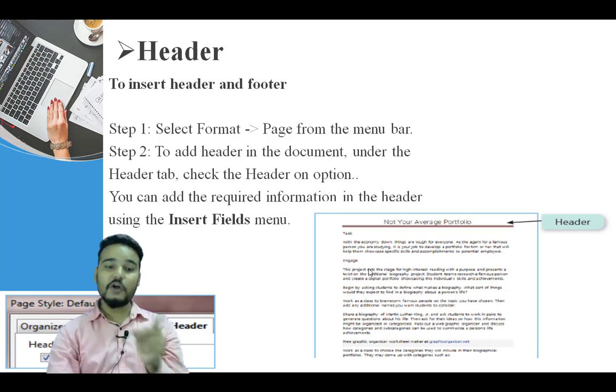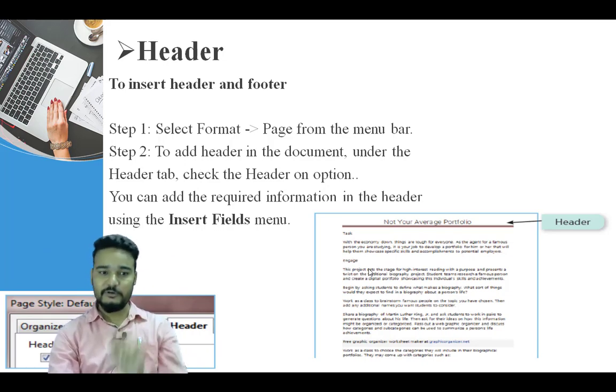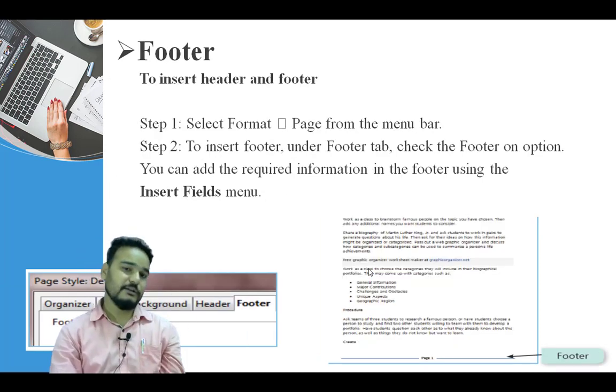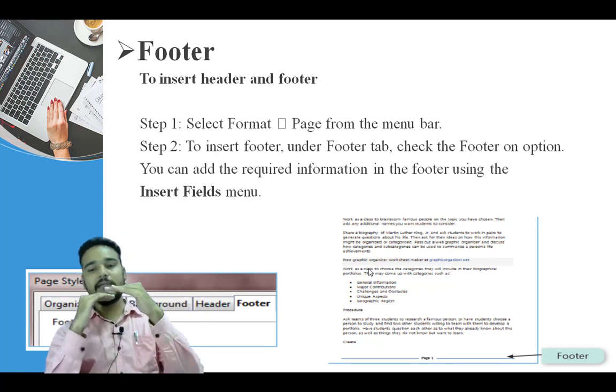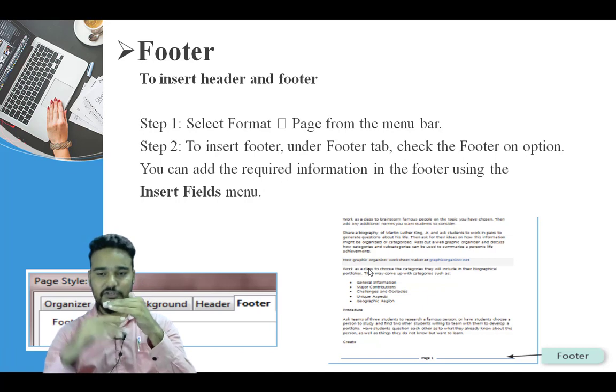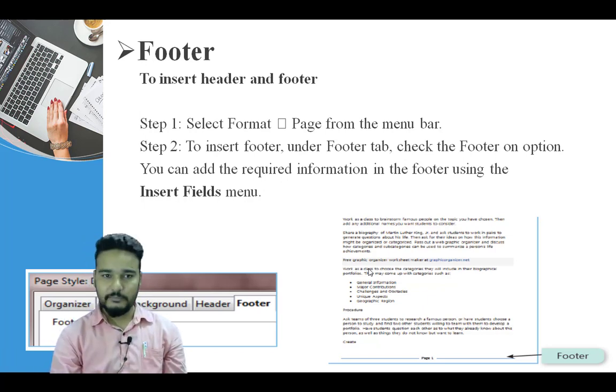And when you click on the insert menu, there you will get the page style option, and from there you can select header also and footer also. So here you can see the footer will appear at the bottom of your page, or the downside of your page. That is about footer.